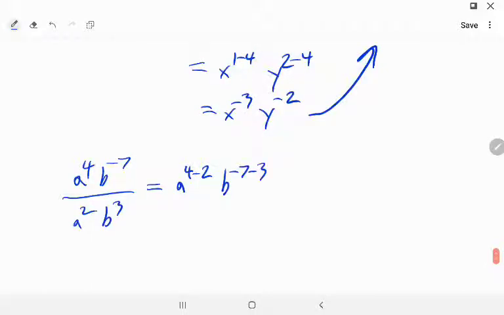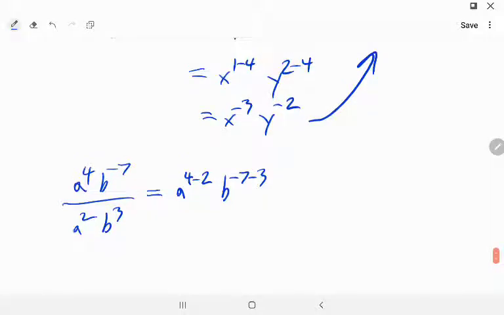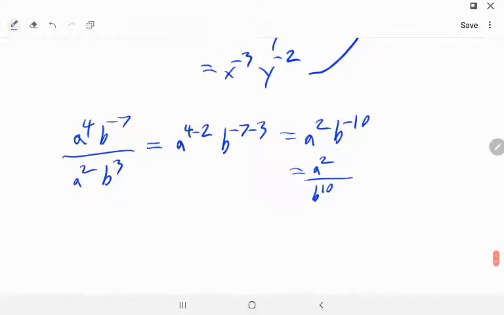So we can just take b to the negative 7 divided by b to the third as b to the negative 7 minus 3, and we get a squared b to the negative 10th. And then if we want to write it without negative exponents, we can write that as a squared divided by b to the 10th. So it winds up being pretty straightforward.